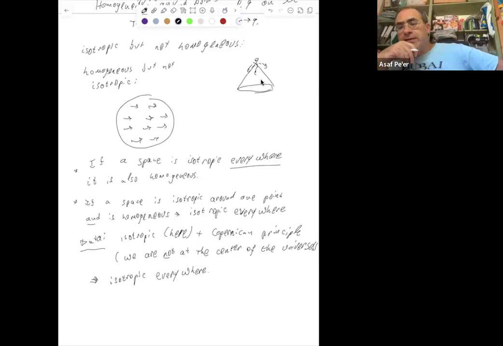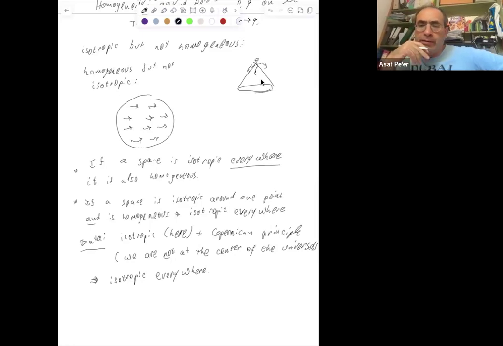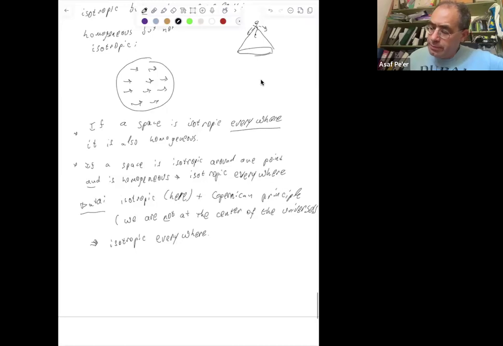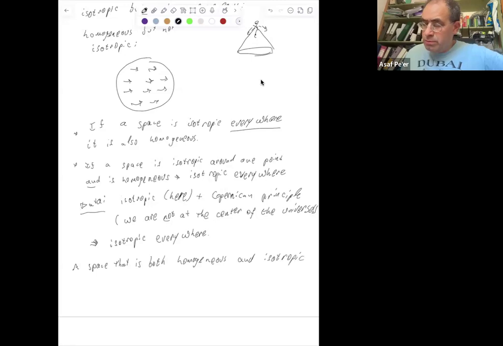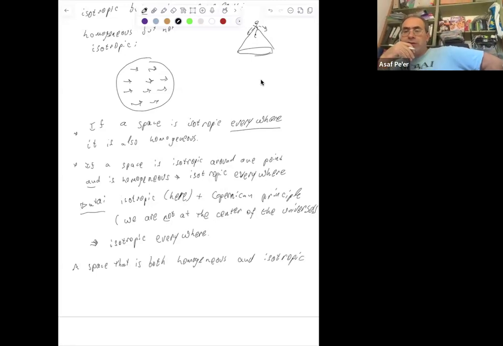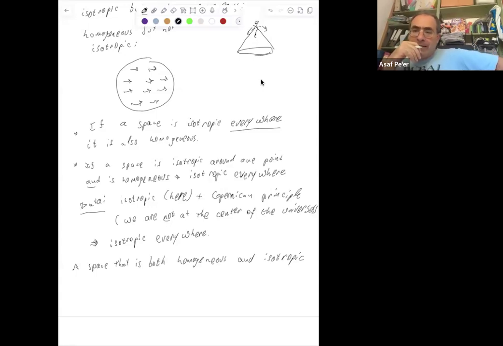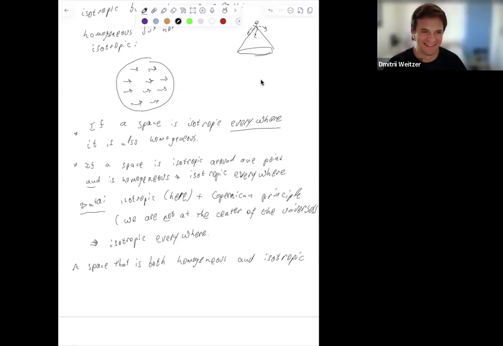Now, if we have a space that is both homogeneous and isotropic, it has a name. What do we call a space that is both homogeneous and isotropic? Perfect space, yeah, very close.